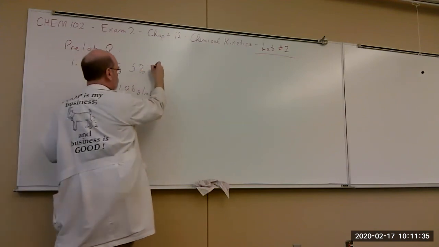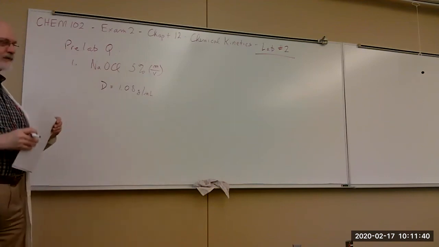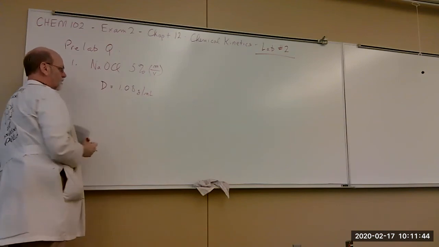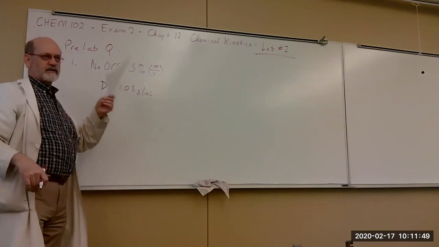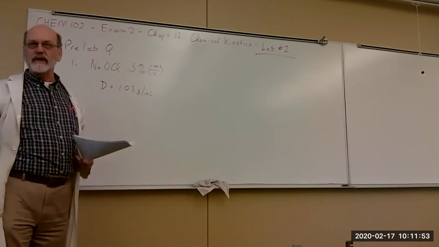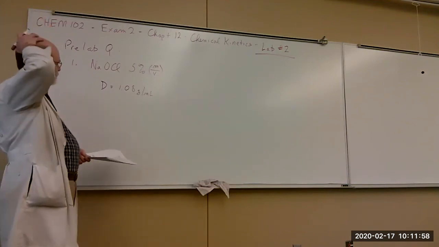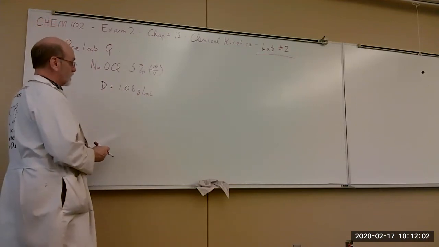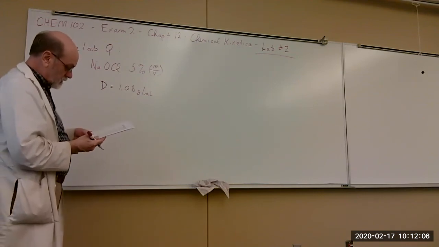So that means this should be mass per volume. Otherwise, they wouldn't give you that. And that's usually what percent means, whether it's bleach or vinegar, which is 5% acetic acid. It's mass per volume. That's the problem with percent. They got to tell you what it is. Okay, so that information is given.